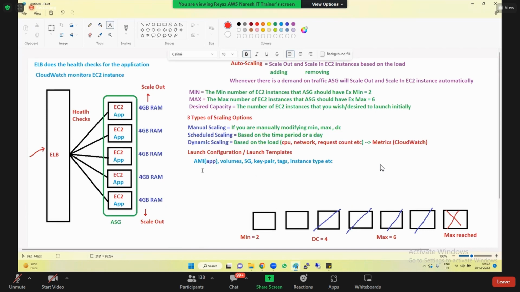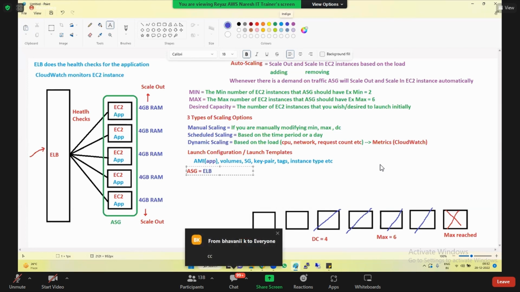Whenever scale out is happening, it uses the same launch configuration and launches the new EC2 instance. Everyone agree? Understood? So an auto scaling group is a combination of: you should have ELB, EC2 instances, launch configs, plus we can give SNS.